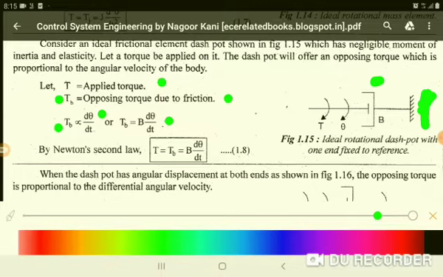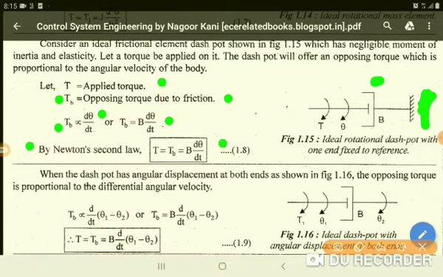So according to Newton's second law of motion, when we have a fixed reference, the dashpot is represented as B into d theta by dt.